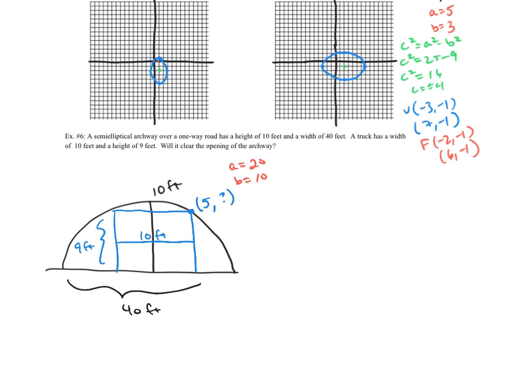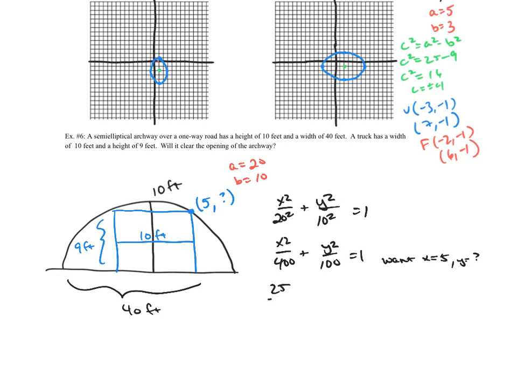So we'll go ahead and write the equation of the ellipse. So x squared over 20 squared plus y squared over 10 squared is equal to 1. We'll clean that up. So we want to know at x equals 5, what does y equal? So we'll go ahead and plug in 5.